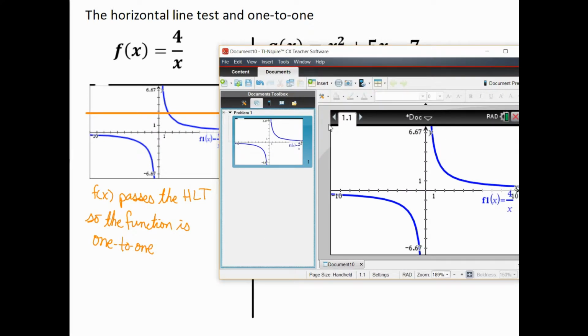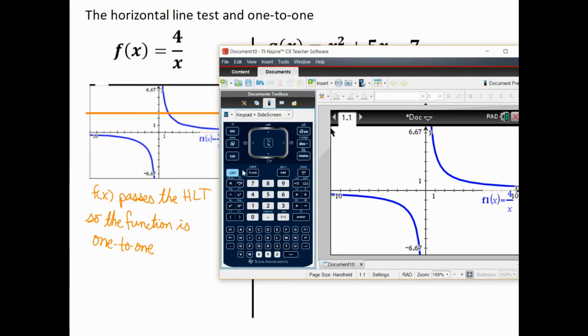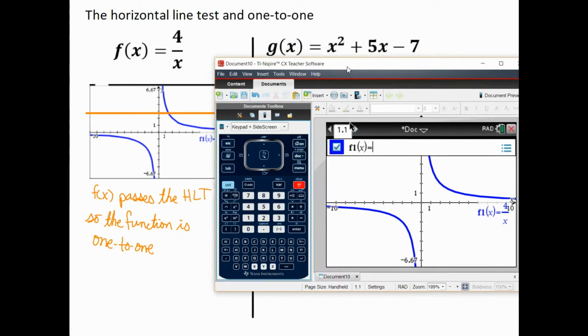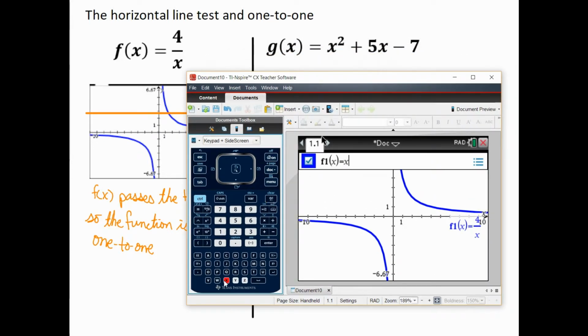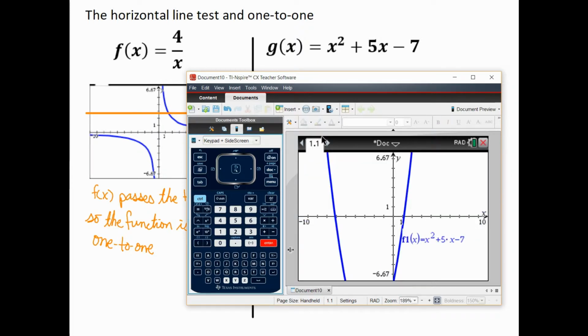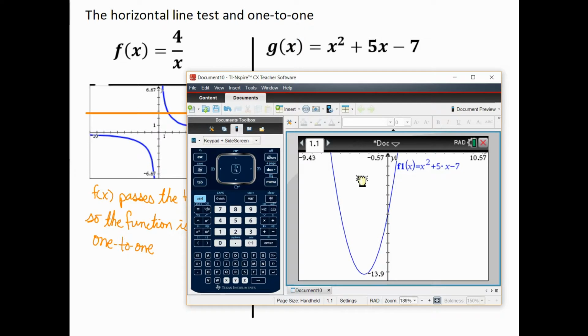All right. So let's go back here. All right, so I just want to delete what I had. So press up, delete, delete. And I'm going to put in x squared plus 5x minus 7. Enter. And let's kind of move this down a little bit.